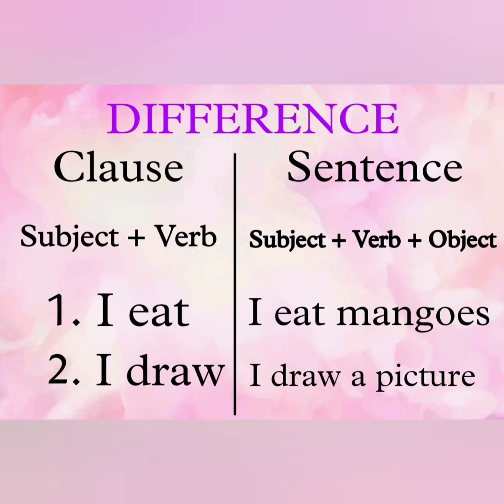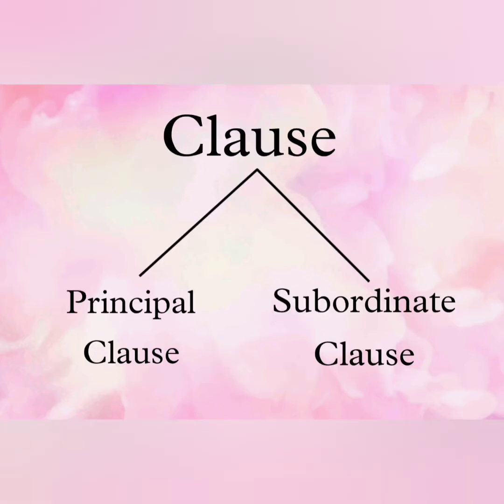And if sentence is there, then the subject plus verb plus object, and this will form a sentence. So that it would be easy for you to find out the clauses from the given sentences because it carries only the subject and the verb. So let's find out the clauses in a sentence.